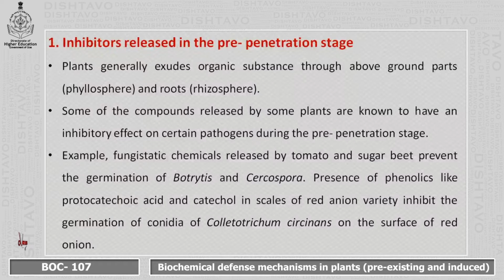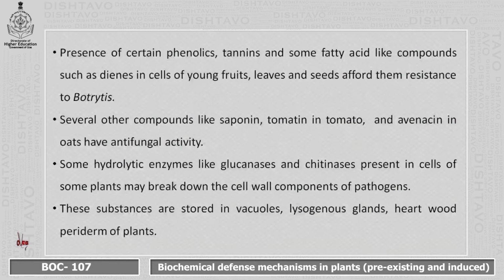Presence of phenolics like protocatechuic acid and catechol in scales of red onion variety inhibits the germination of conidia of Colletotrichum circinans on the surface of the red onion. Presence of certain phenolics, tannins and some fatty acid-like compounds such as dienes in cells of young fruits, leaves and seeds afford them resistance to Botrytis.